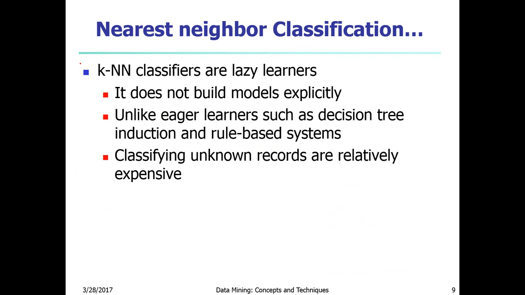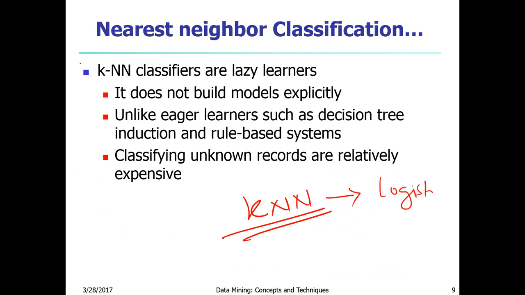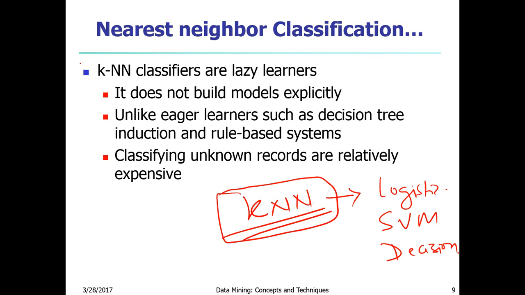So that's pretty much what the KNN classifier is. You can compare your result with other classifiers like logistic regression, support vector machines, decision trees, and so on. This is not a parametric way of estimating a model.